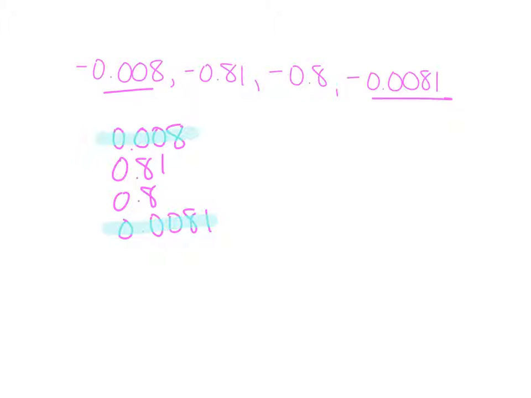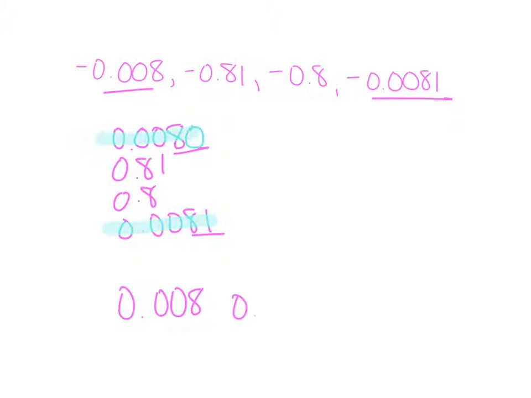And if I just add another 0 right here, between 80 and 81, right, the 81 is technically bigger. Okay, so the smallest one I have is going to be 0.008, because that's smaller.